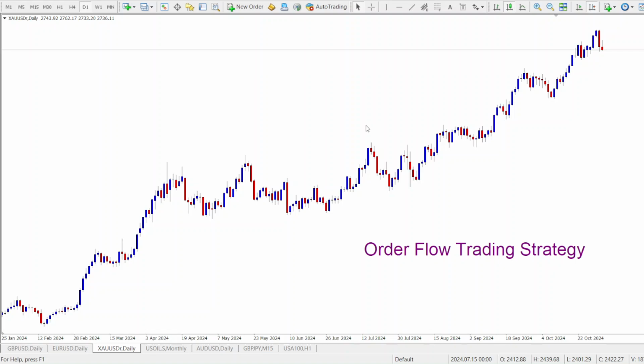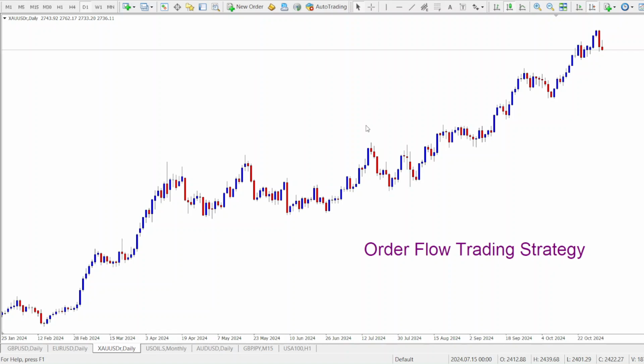This strategy is influenced by market sentiment. This approach emphasizes being proactive rather than reactive, which can make a significant difference in your trading success.